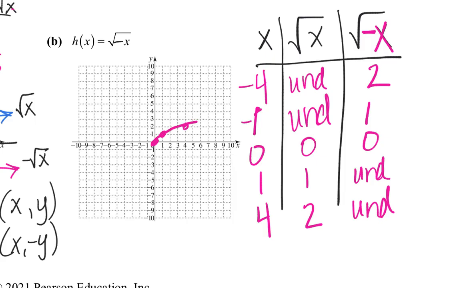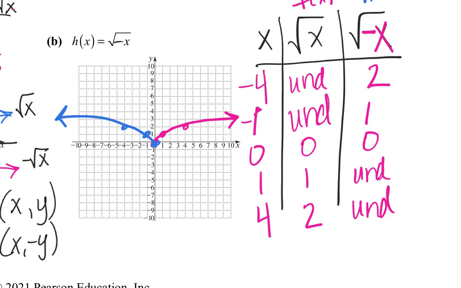So I can see that this is our f of x, and then I'm going to plot the other one. So now I've got negative 4, 2, negative 1, 1, 0, 0, and then the rest is undefined. So now I have the curve that goes this way. So now we have our h of x.